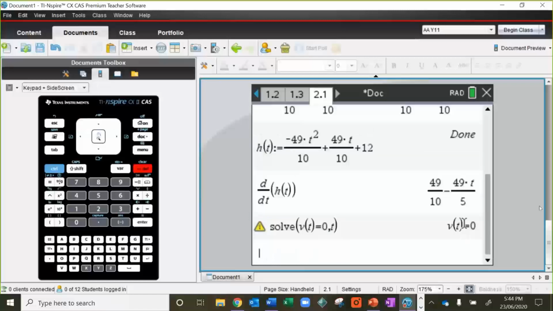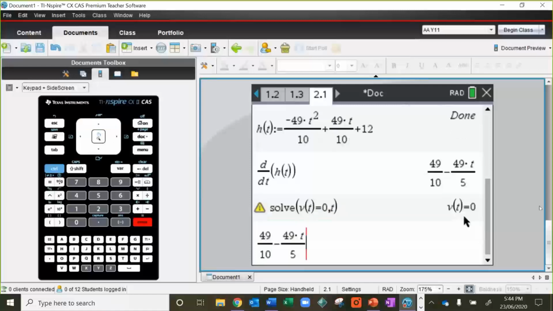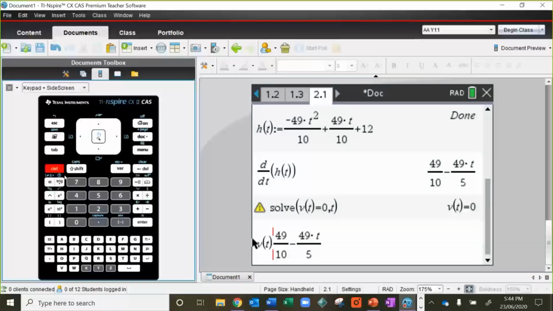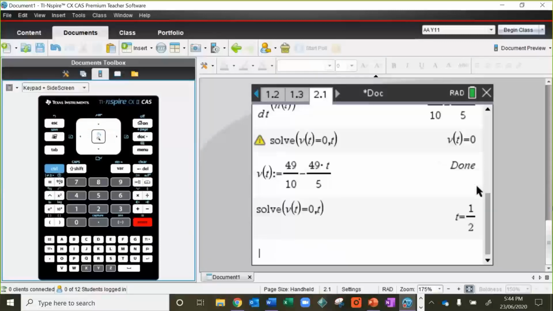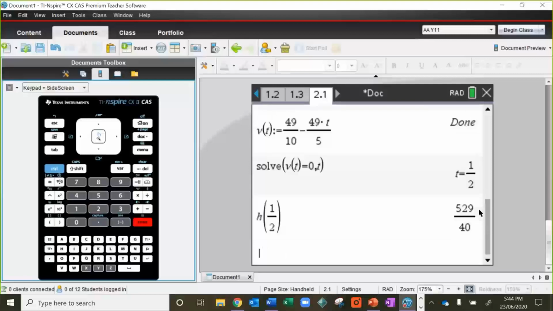Okay, so that's my v(t), which I did not assign, I didn't tell the calculator that it is my v(t). So now if I solve, we get t equals a half. And even better, if I now find h(1/2), it gives me the exact value.